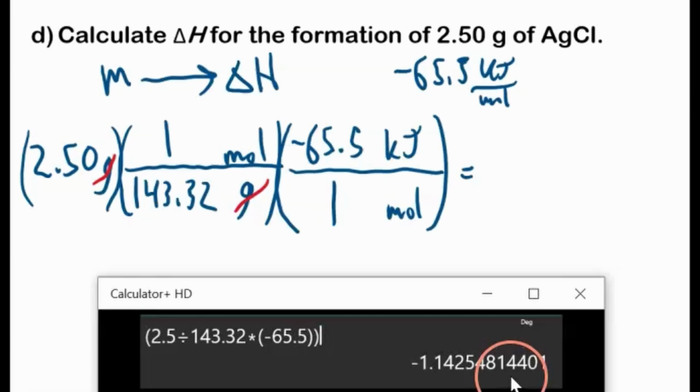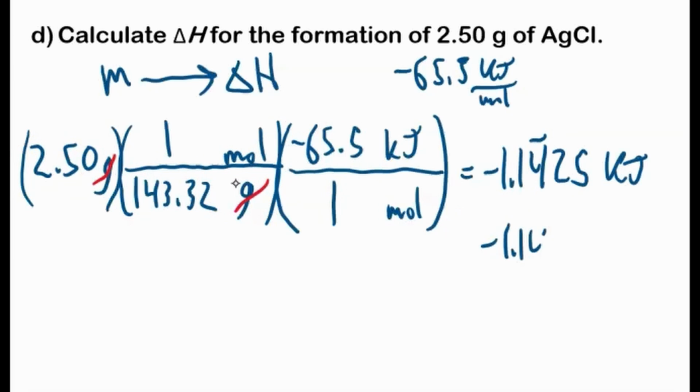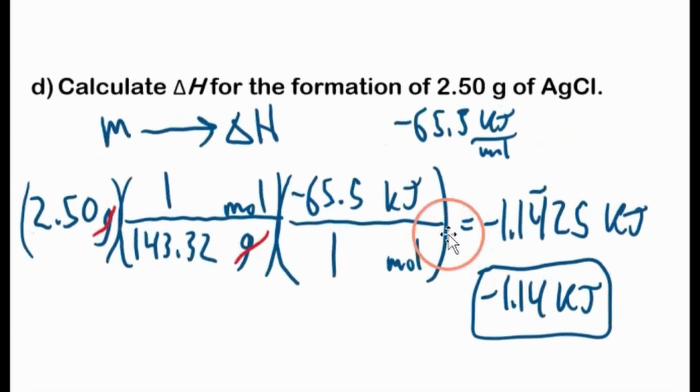And it's a negative number, which is good because we're still releasing energy as heat. Negative 1.1425 kilojoules. We have 3 significant figures, so negative 1.14 kilojoules is released. And does this make sense with the last problem?